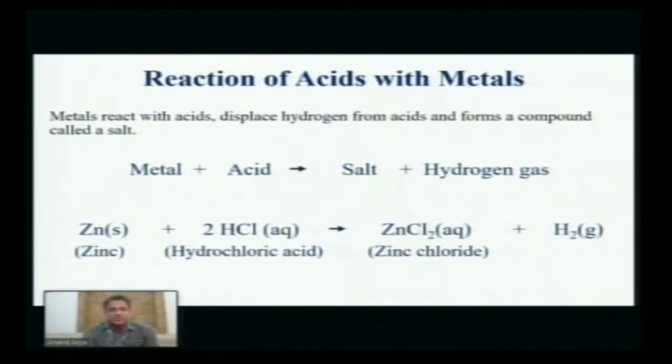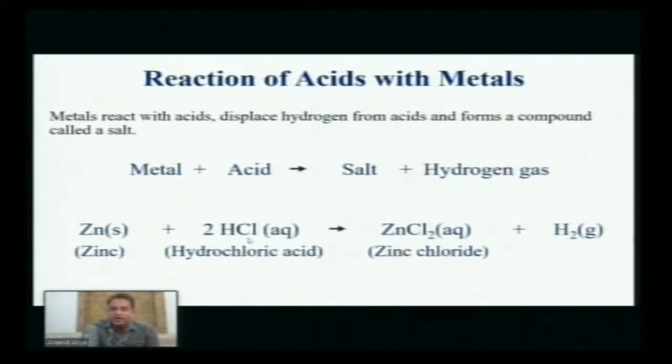So here, look at the reaction. This is the zinc metal. This zinc metal reacts with hydrochloric acid, and it forms zinc chloride. So this is a chemical reaction. On the left hand side, these are the reactants, and on the right hand side, these are your products. Zinc, which is a solid, reacts with hydrochloric acid.